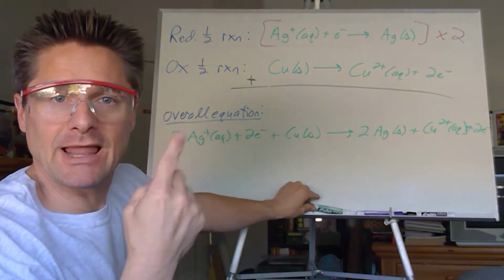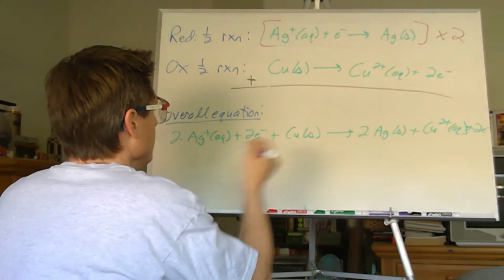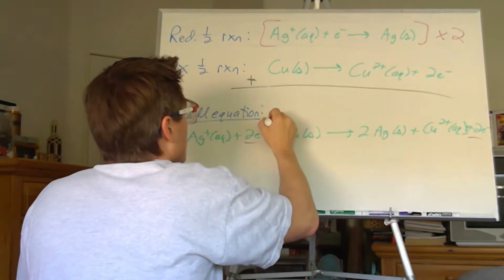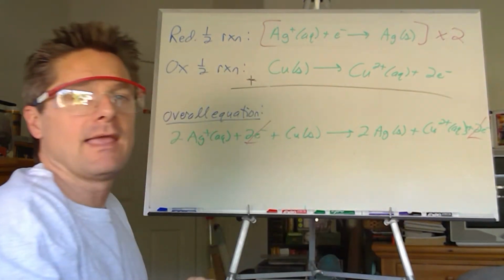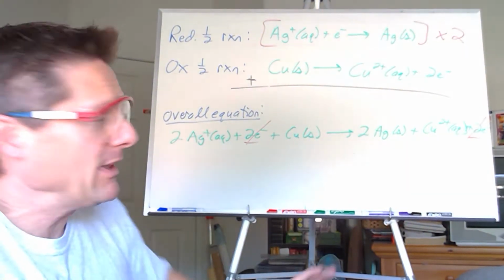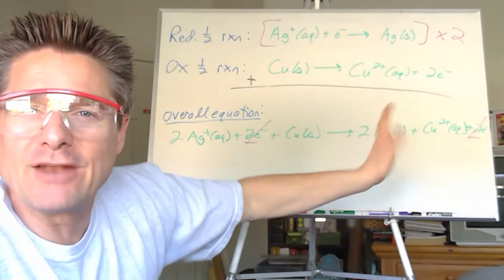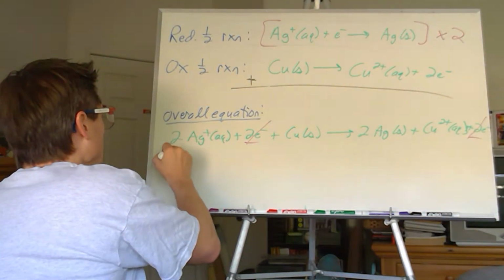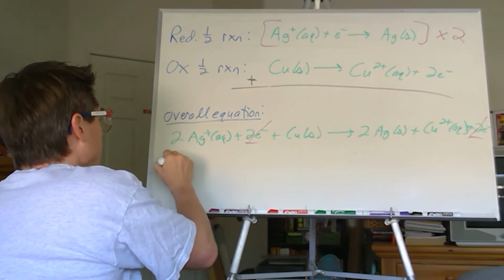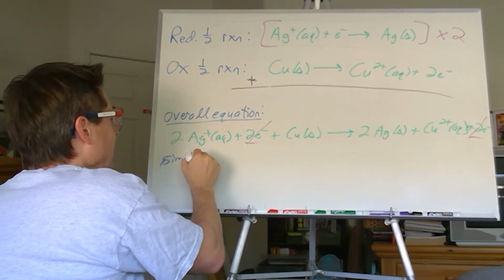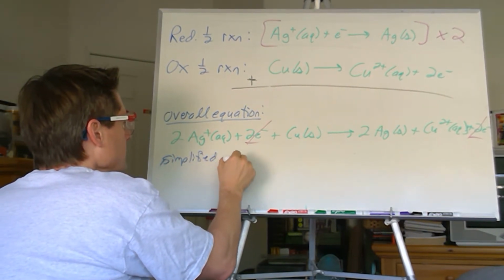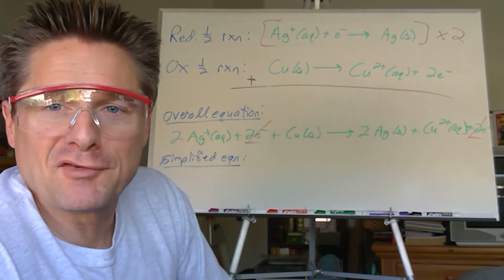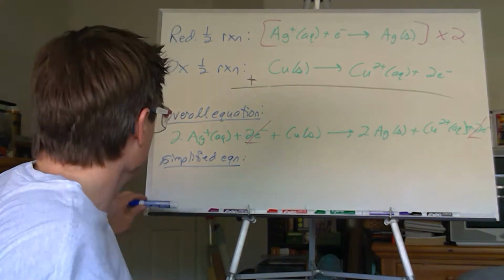And then you can see the electrons on both sides. Those cancel out. Now in some more complicated ones, you might see hydrogen or hydronium ions cancel out, water molecules cancel out. And so we'll get this simplified equation. You can kind of see it in your head. But I'm just spouting off so we can see the blue color a little better in our demo there.